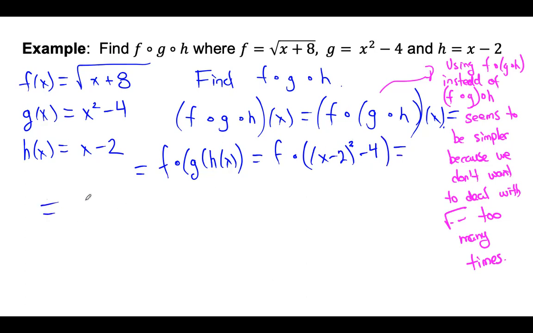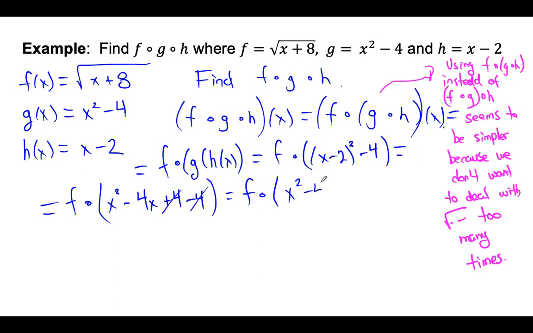What do we get? So expand and simplify. So x squared, negative 2x times negative 2x, negative 4x plus 4. And then we have to subtract 4. The 4's cancel, and we get x squared minus 4x.